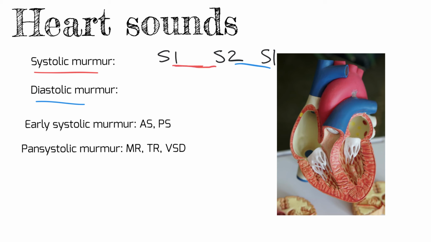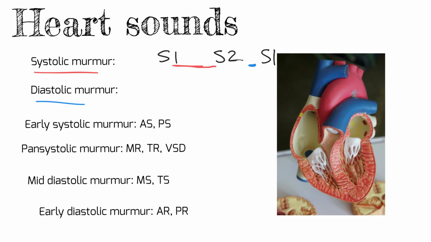And then you can get an early diastolic murmur, so only the early part of diastole, or you could get a mid-diastolic murmur. All we're doing is describing where or when the murmur is taking place. And you can see that for the systolic and diastolic murmurs, there are different causes.